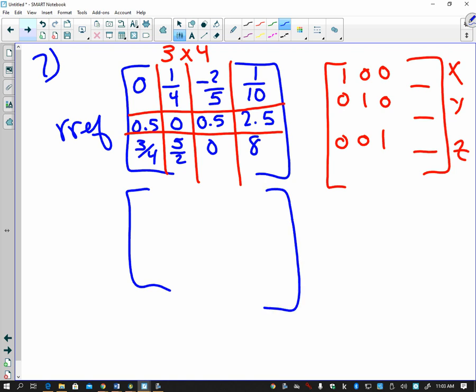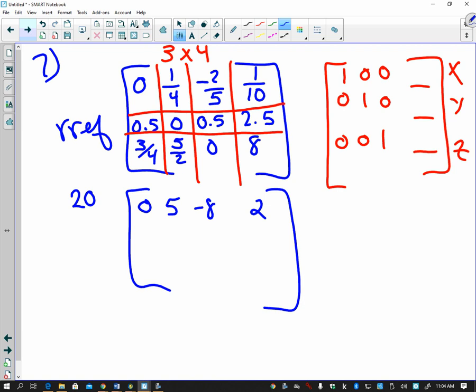So 0 times 20 is 0. 1/4 times 20, so we're multiplying by 20 on this row. 20 divided by 4 is 5. 20 times -2 is -40, divided by 5 is -8. And 20 times 1 is 20, divided by 10 is 2.